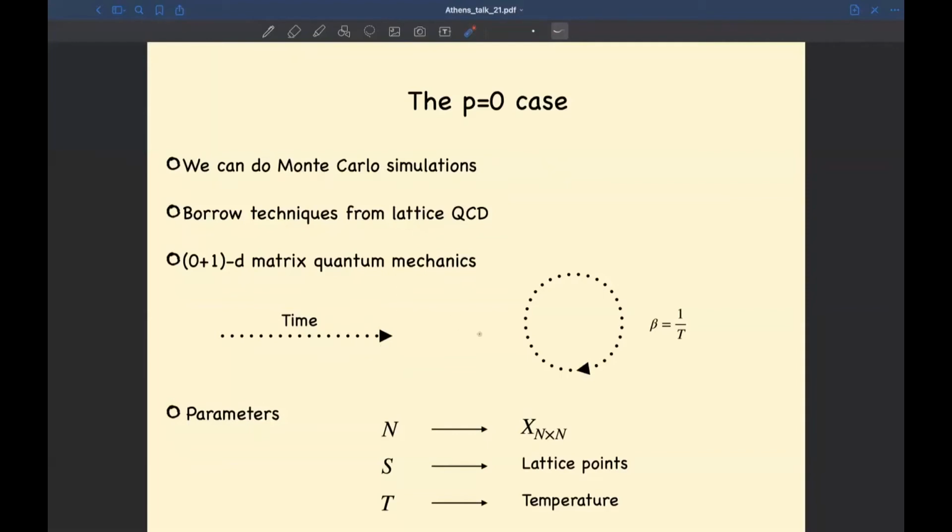And when one wants to understand the theory at finite temperature, you get the Euclidean picture, where this line is compactified to a circle, and the period is given as inverse temperature. The parameters that we control in the simulation are N, which gives information about how big the matrix is, the number of lattice points, and of course the temperature, which is assigned again to this circle.